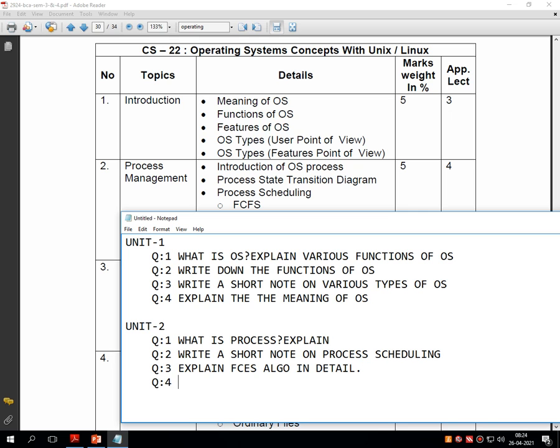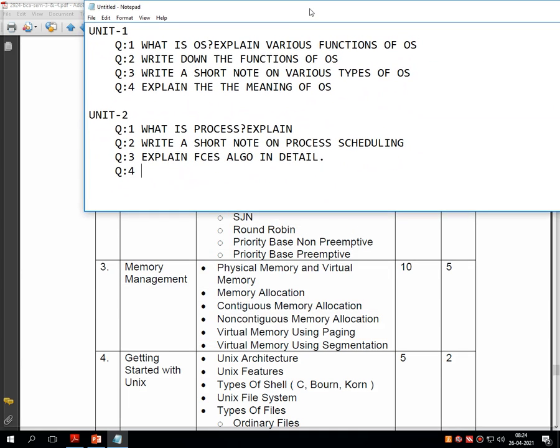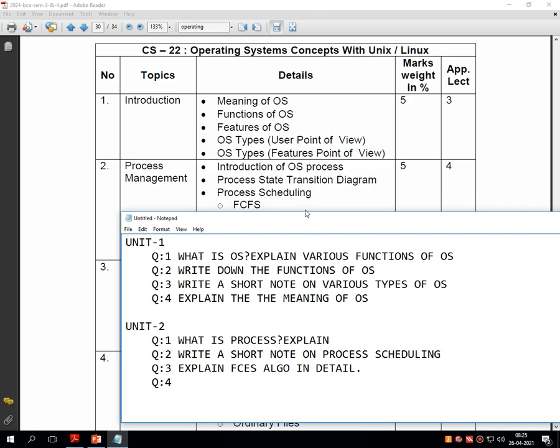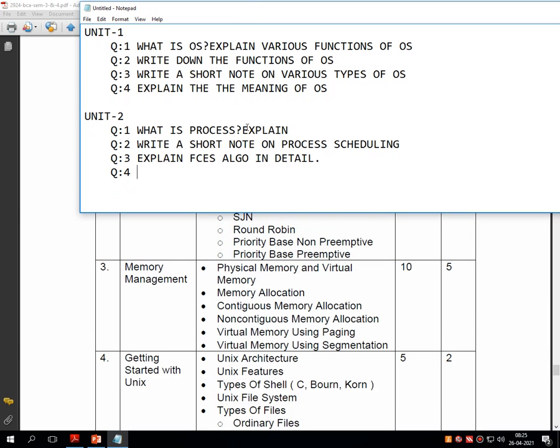Question number 4. Explain shortest job next in detail. Question number 5. Explain round robin algorithm.